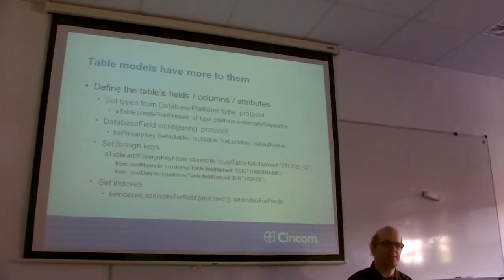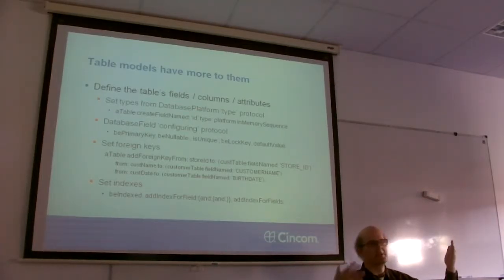It has various highly specific things like the in-memory sequence. You set up the thing to match whatever your schema has, and you also need to be aware of the database field configuring protocol. So, be primary key, pretty obvious. Be nullable, pretty obvious. Do you allow nil in Smalltalk, which is null in the database? That, of course, gets mapped.